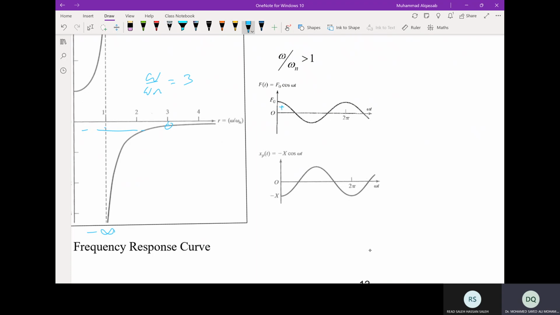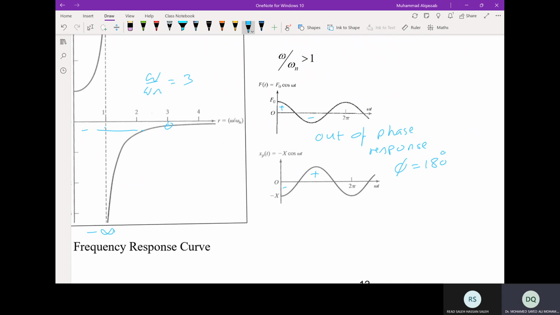So when the force is positive here, x is negative. And when the force is negative, this is positive, and so on. And this is called out of phase. And the phase equals 180 degrees.